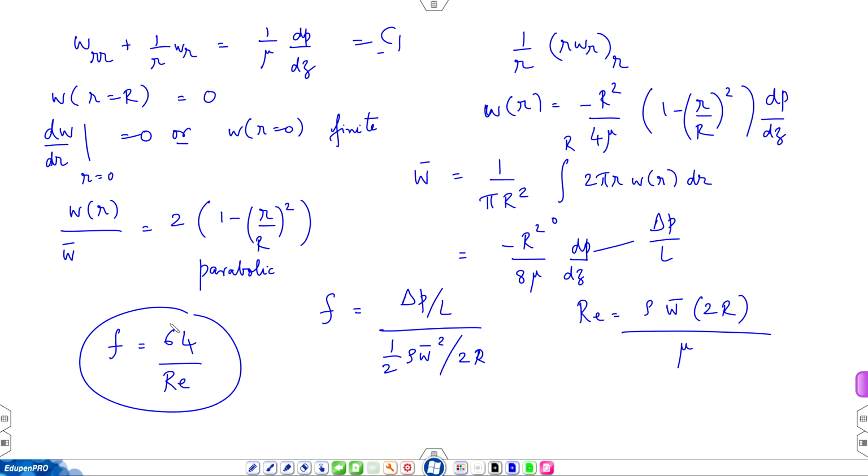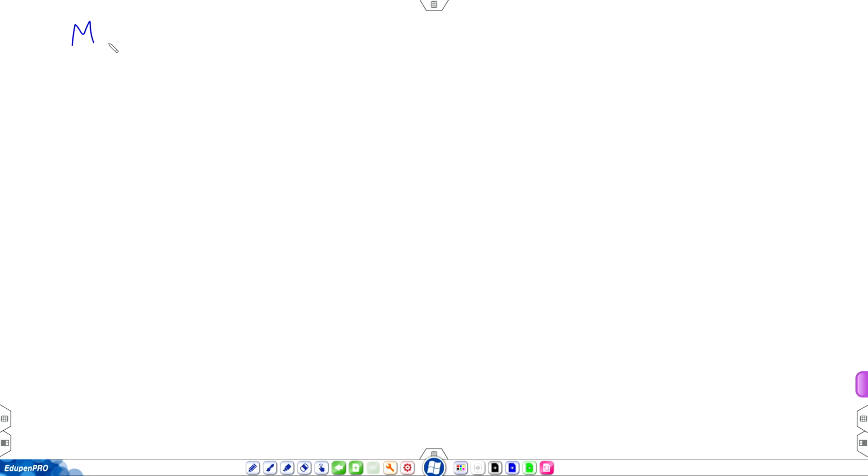It will have this distribution of velocity, and average flow and pressure drop will be related through the dimensionless expression F equal to 64 over RE. And indeed, it matches Moody's diagram.